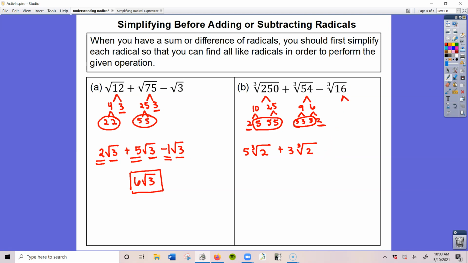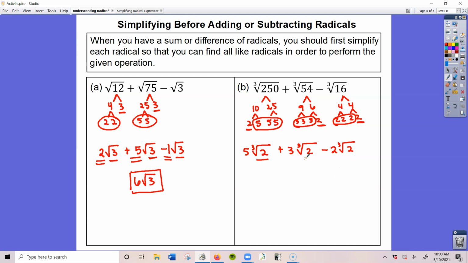Last one here, we have 16. 16 can be broken down to 4 and 4. And then each 4 can be broken down to 2 and 2. So I have 3 2's and 1 left over. So we can rewrite this radical as minus 2 cube root of 2.